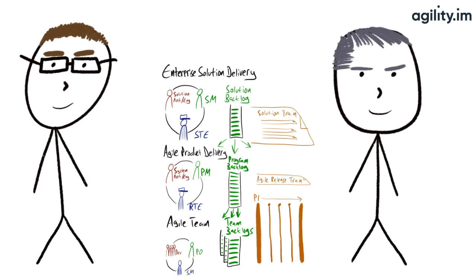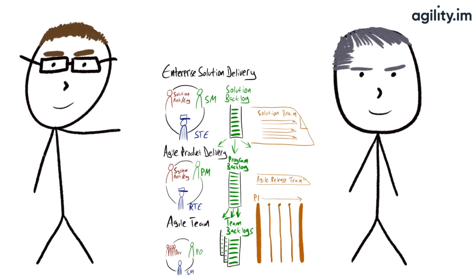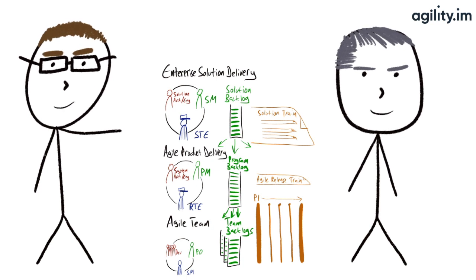And then, of course, you have a solution train engineer who looks after the process at that wider scale. So synchronizing across multiple agile release trains and looking to improve the processes and practices at that kind of level.